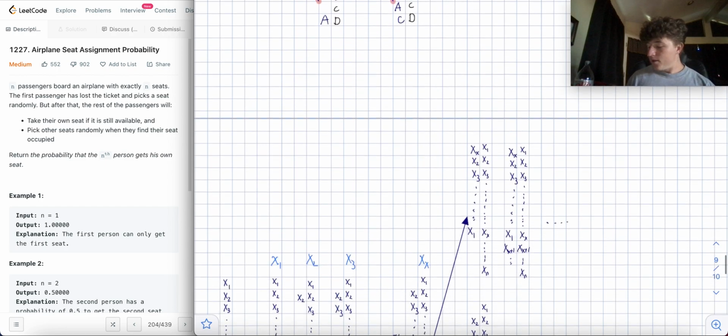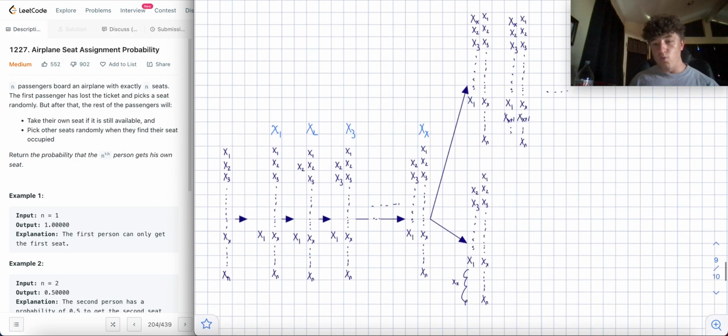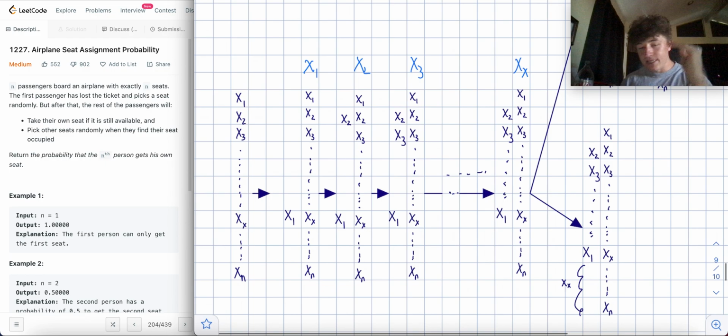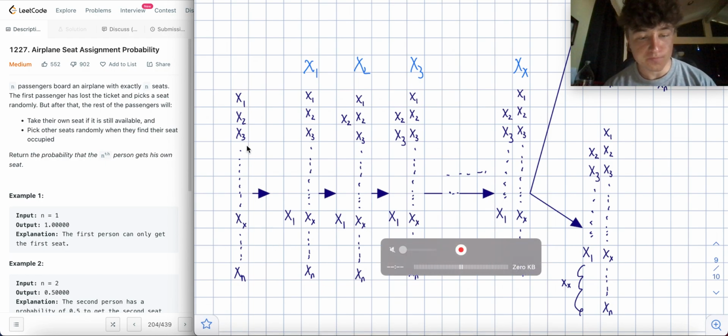And kind of generally, what this means is, well, let's look at this example here. Okay, let's say we have x to the n nodes. At the first time, x1 is going to select a chair randomly. So if x1 chooses xx, well, then everybody else up into xx will choose their own seat, right? x2 will see their seat and choose it. x3 will see their seat and choose it. x4, x5, yada, yada, yada, all the way up into xx.